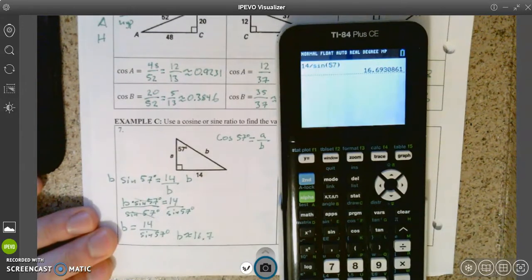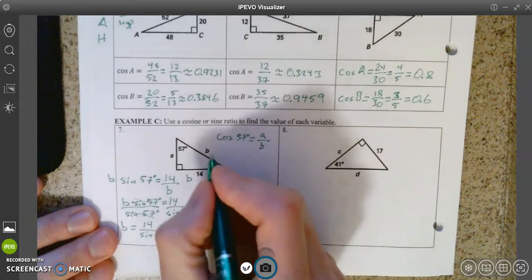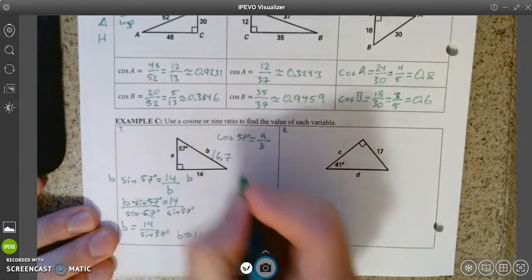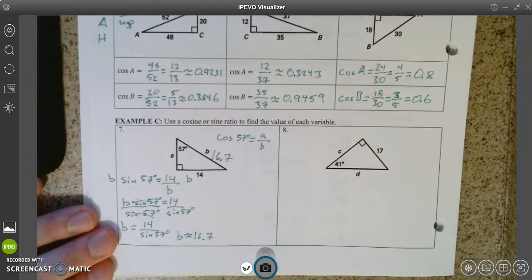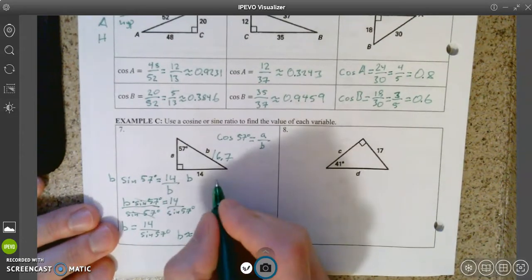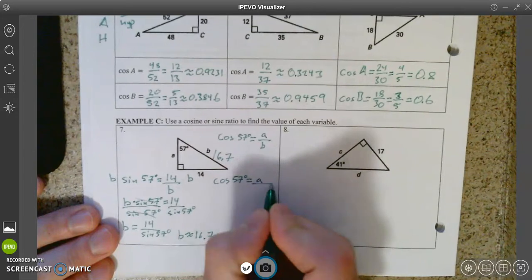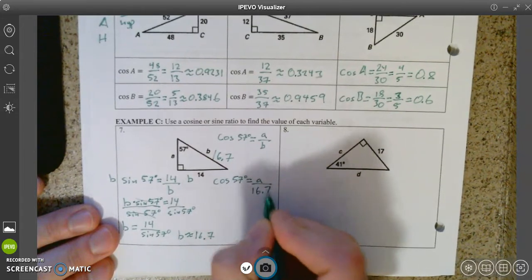Remember, this is a length, so we're going to round. So B is 16.7. Now we can use what we know here to find cosine of 57 degrees, to find what A is, because we know what B is. So using cosine of 57 degrees, it equals A over 16.7.